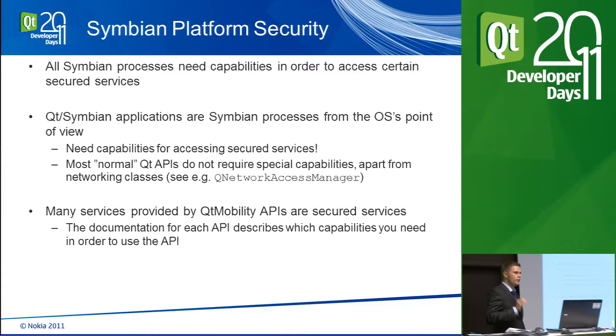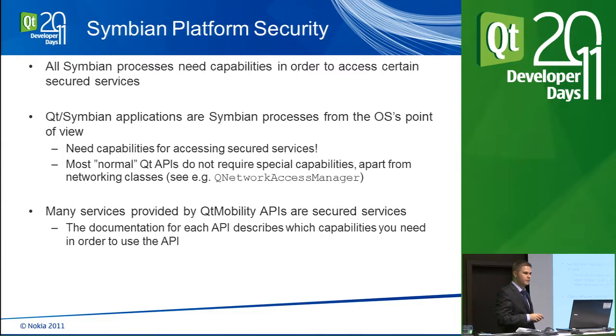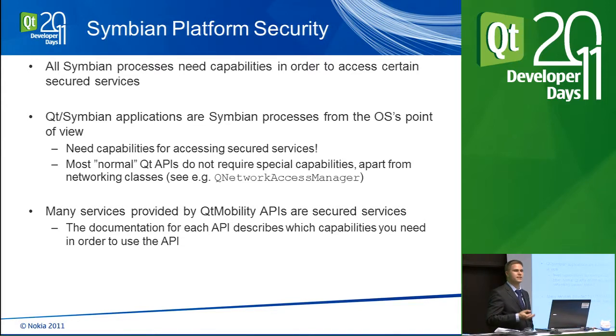So we need to define some of these capabilities to be able to access certain features of the Symbian phone. And in the case of, for example, network access, we need to define the capability so that our application is capable of accessing the network.